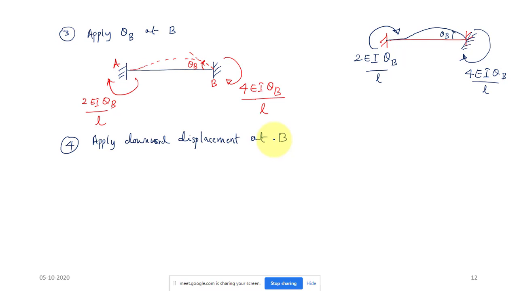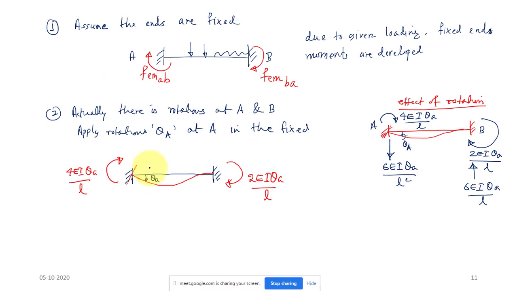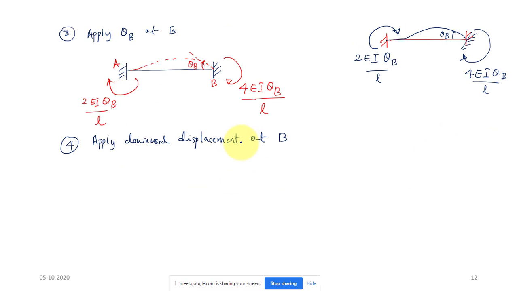Whenever you are applying theta B, there is only theta B, and no theta A and delta. If you are applying theta A, there is only theta A, and no theta B and delta. And whenever you are applying delta, there is no rotation, only the displacement. So that is the fourth step: apply downward displacement at B without rotation.